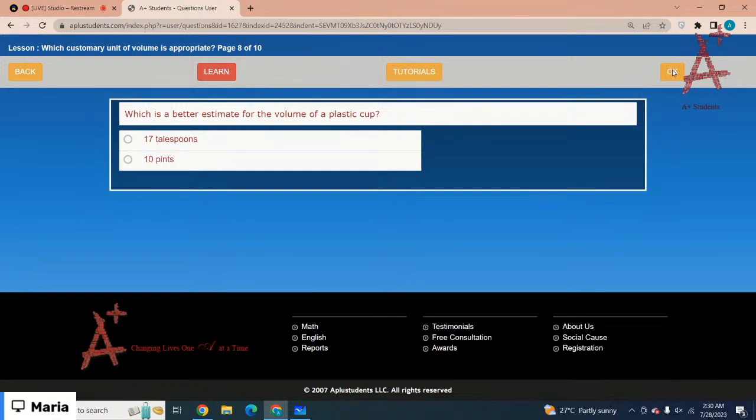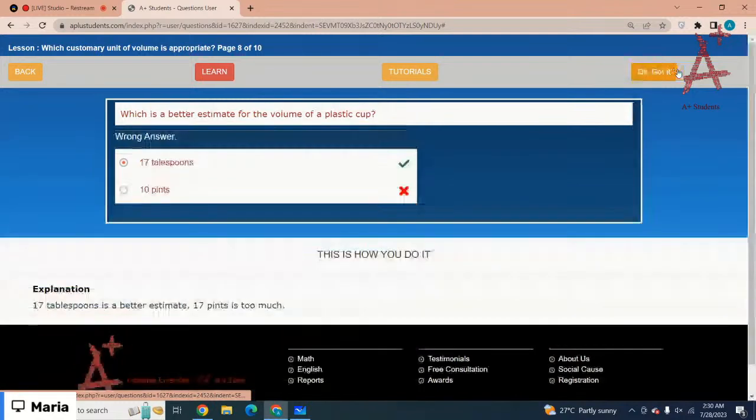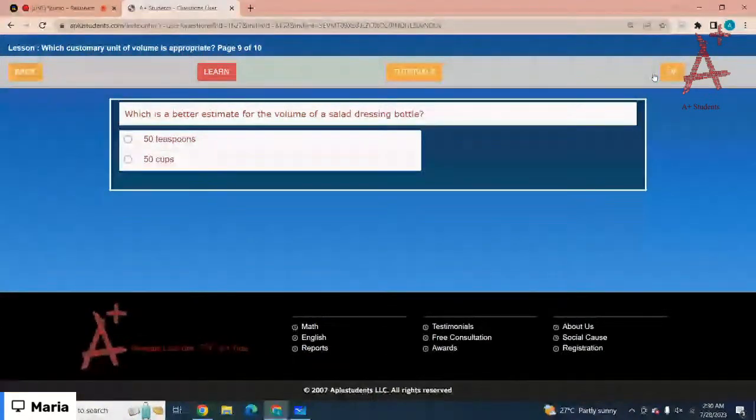For a plastic cup, it would be 17 tablespoons, because 10 pints is too much for a cup, right? Sorry, not 10 pints, it would be 17 tablespoons.